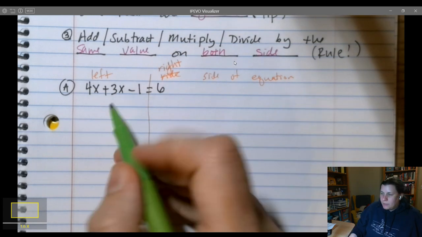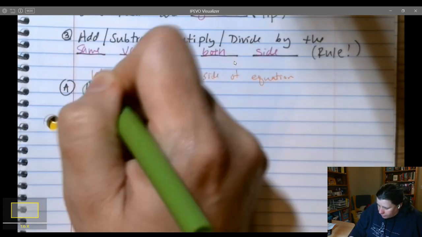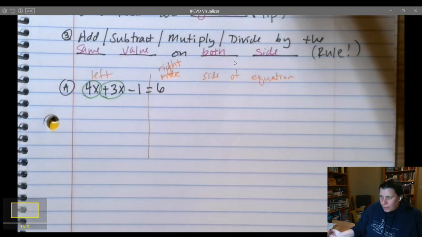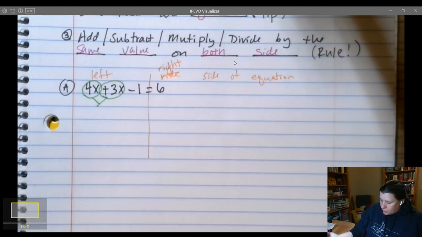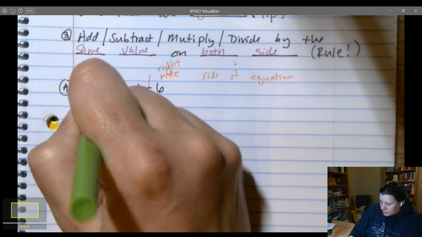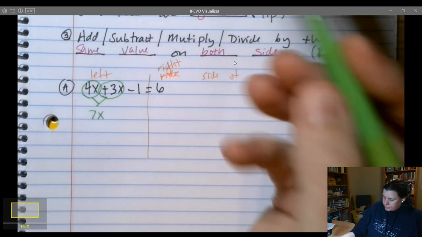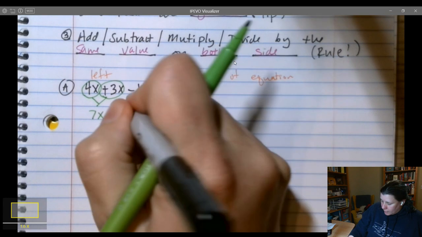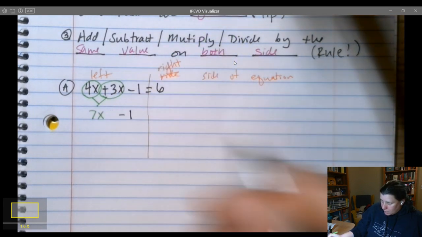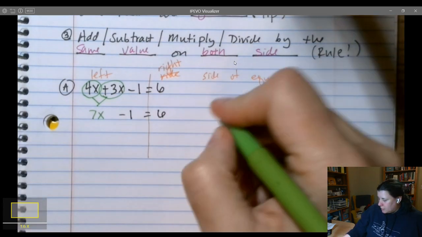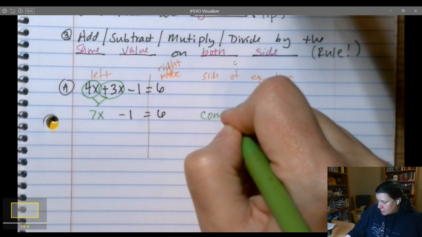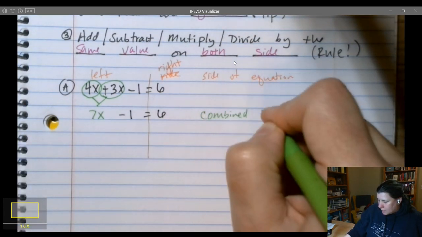But on the left-hand side, I have 4x and 3x. I have two terms, so I'm going to combine those. 4x and 3x's together is 7x's. And then that's going to be minus 1. Still equals 6. So what I did there was I combined like terms.